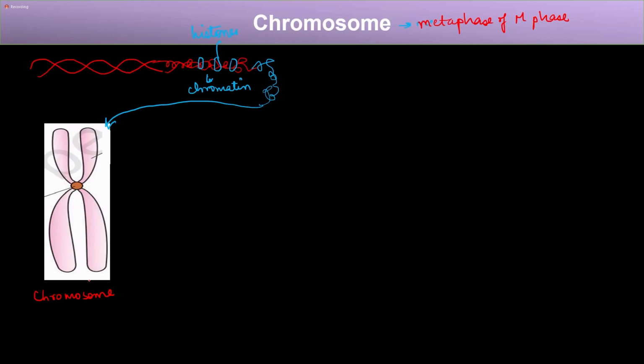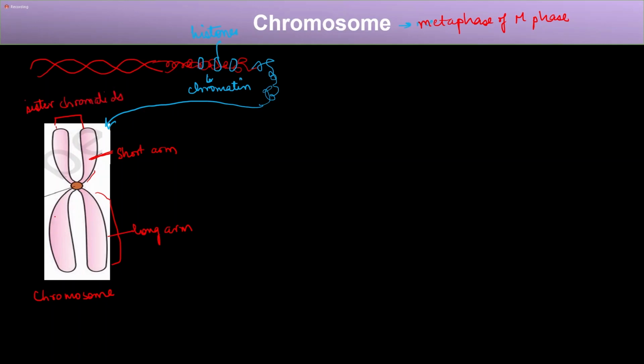Now, if we talk about the structure of the chromosome, it has different parts. It has two arms. This is called the short arm, and this complete arm is called the long arm. These two together are called sister chromatids.